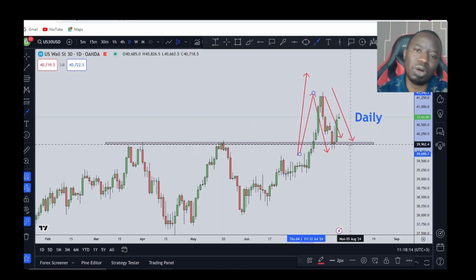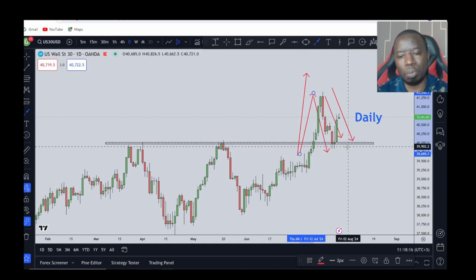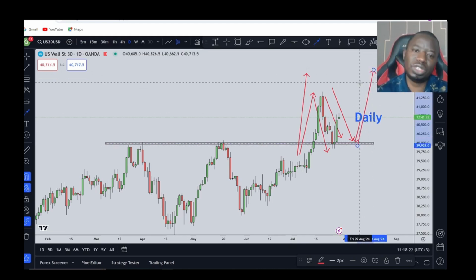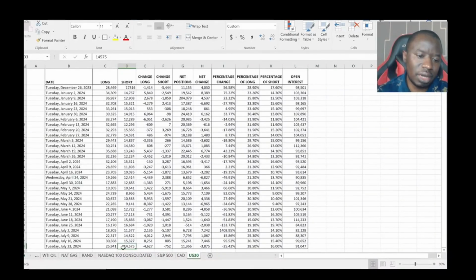Now we see that price is currently bouncing off this support area, and we should only see prices rise to the upside, which in the next filing should have the positions of longs increasing and the short positions decrease even more. But overall, you can see that the longs are way bigger than the shorts, and when you look at the open interest, it's clearly net positive, and it's really good, close to 6 figures as an open interest.